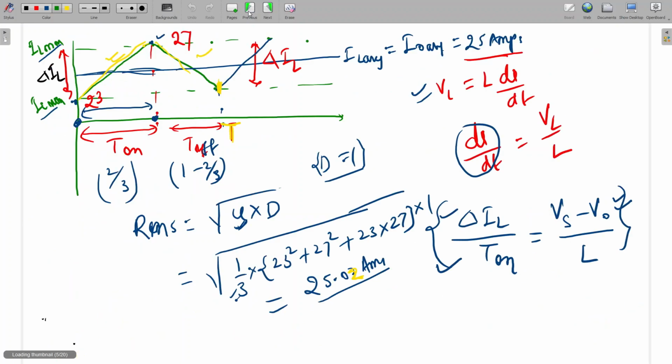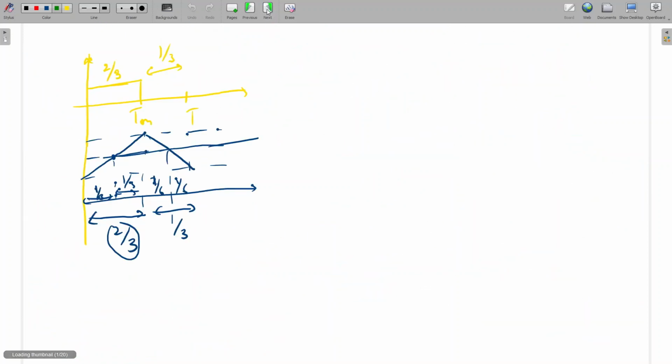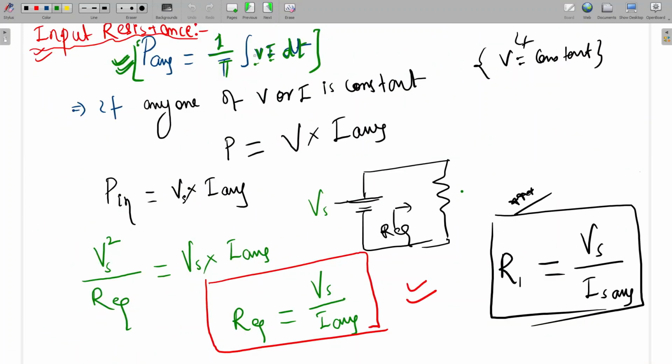See here, the input voltage is constant. If any function is constant, how can we write the average formula? We can take that constant common. Let's say the voltage is constant, so I take voltage common. So P average is V into 1 by T integral of i dt.